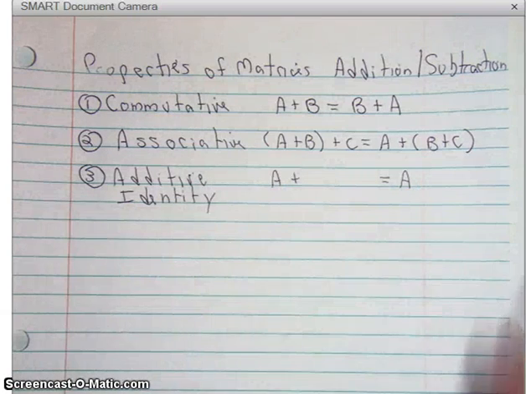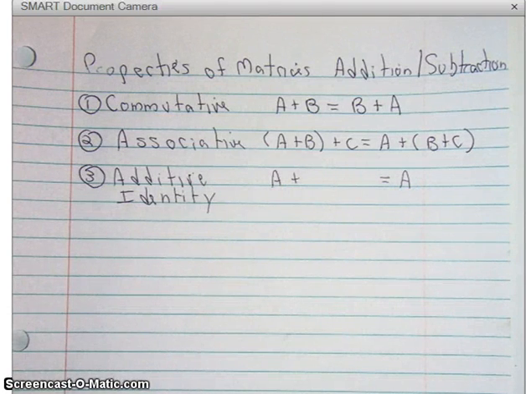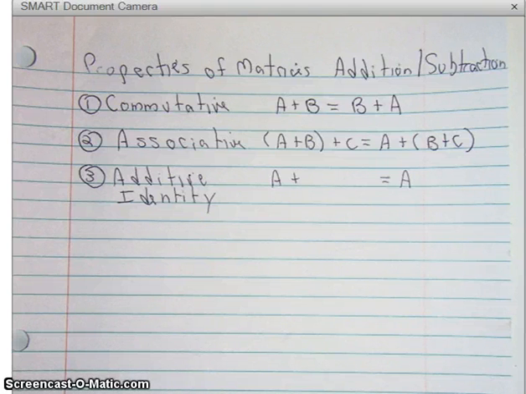Think of your identity as yourself. What would you have to add to yourself to get yourself back again? I know that sounds silly that you're adding to yourself. Or think of it numerically. What would you have to add to a number to get that number back again? Anybody know? Raise your hand, please. Miss Natalie? 0. You'd have to add 0.